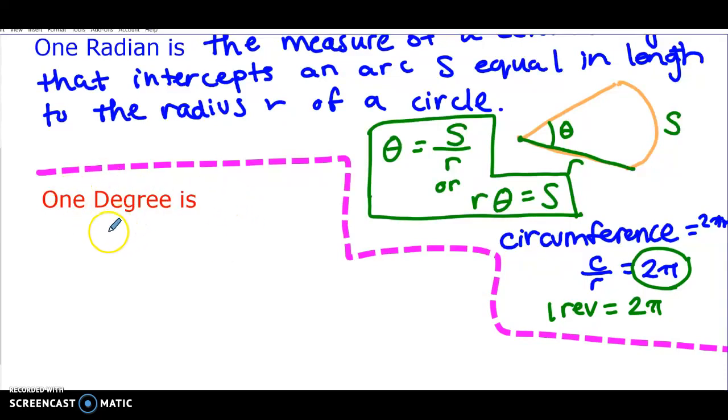Degrees are a bit easier for us to understand just because we use them so frequently and it just makes sense to us because we have that number 360.